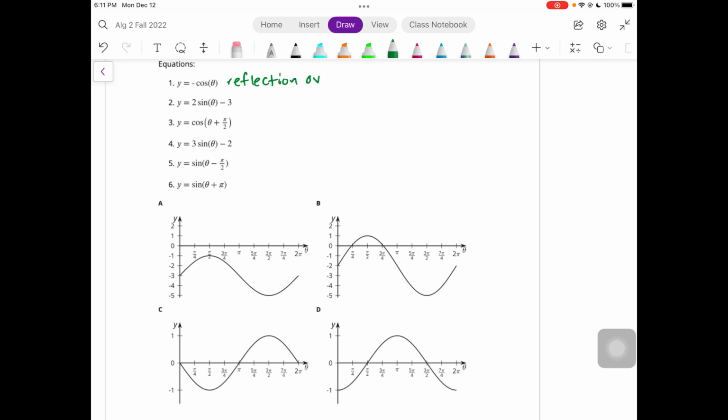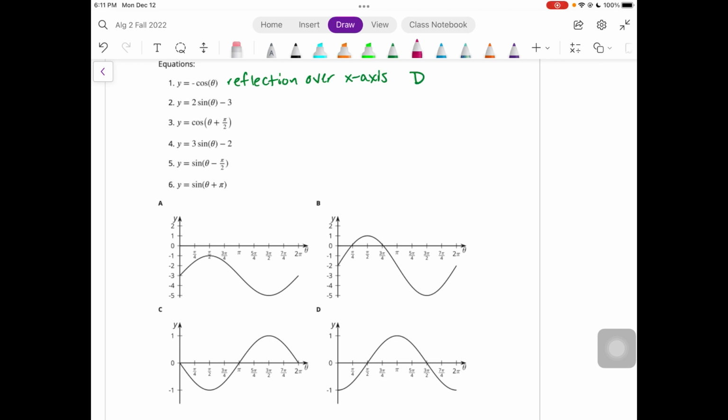A reflection over the x-axis. And so remember that cosine normally starts at +1, so it's going to start at -1. So D matches that equation.